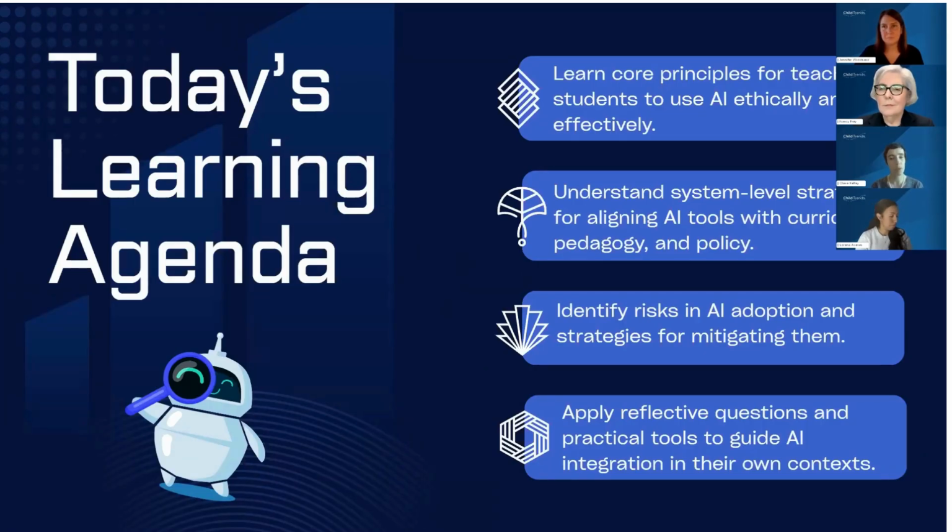We also hope you'll be able to identify some of the key risks in AI adoption, as well as some potential strategies to mitigate them. Throughout the presentation, we hope you'll gain the ability to apply reflective questions and practical tools to guide AI integrations in their own context.